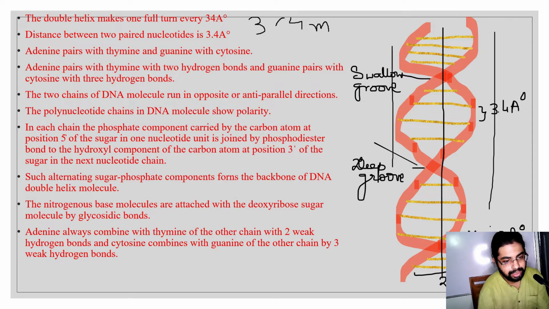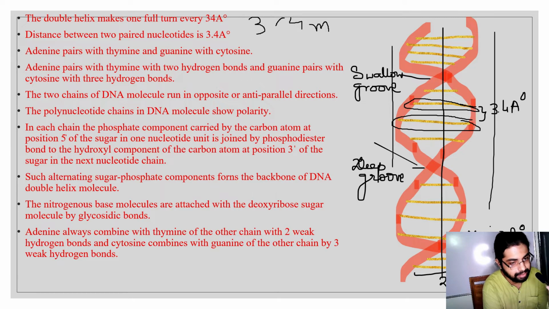The double helix makes one full turn every 34 angstrom or 3.4 nanometer, and the distance between two paired nucleotides, this is one paired nucleotide and this is another paired nucleotide, is 3.4 angstrom.